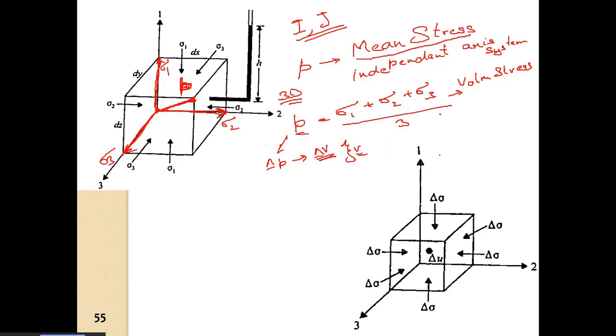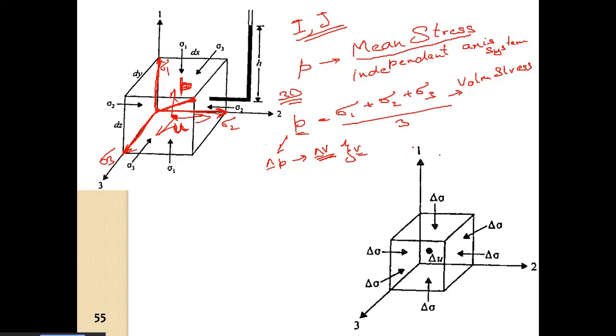Now p dash, if you remember, pore water pressure is not direction dependent, it is the same in all directions, so we have u. If we put here minus u, minus u, minus u, ultimately it will result in sigma 1 dash plus sigma 2 dash plus sigma 3 dash by 3.